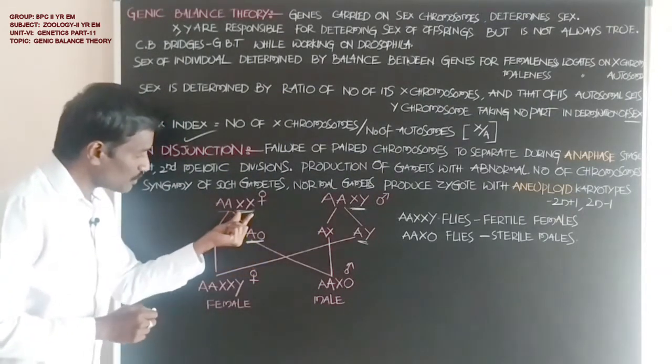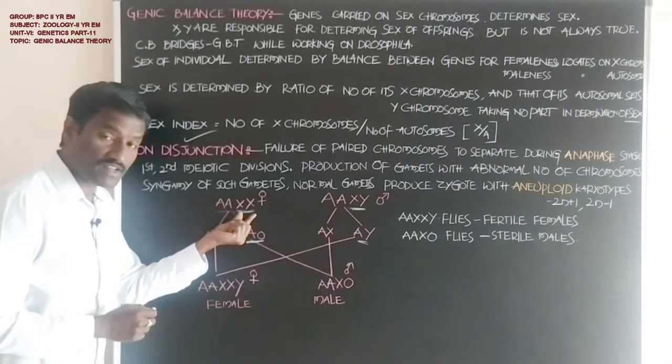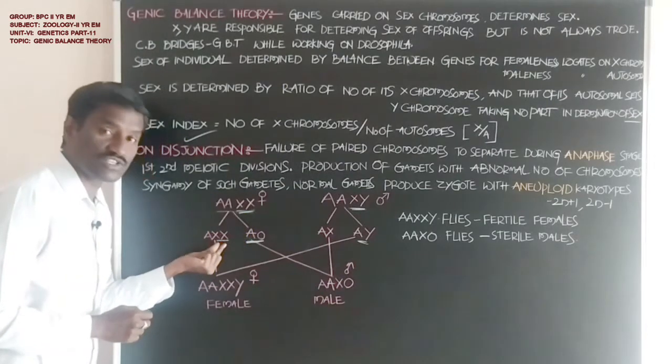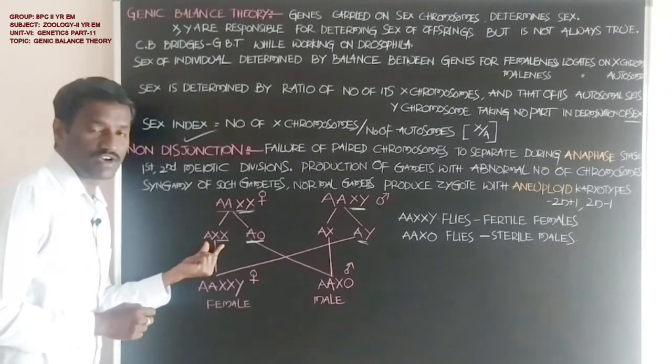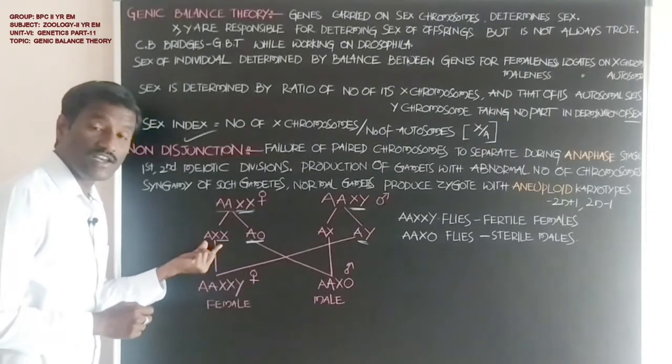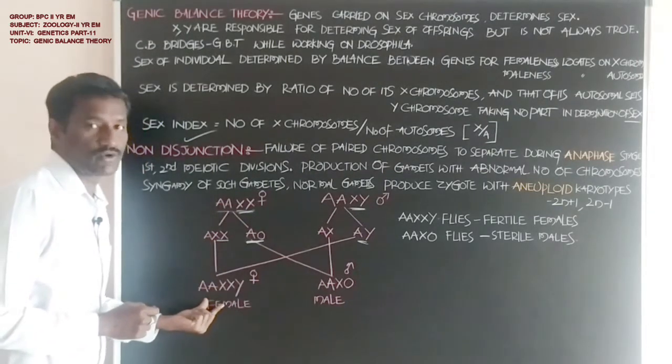Okay, student, two X chromosomes, one pair of X chromosomes, enter into a single gamete due to non-disjunction. This is the abnormal gamete, and this leads to the production of an aneuploid zygote.